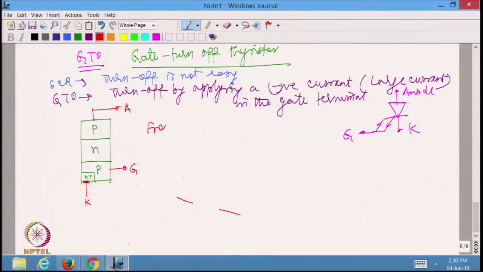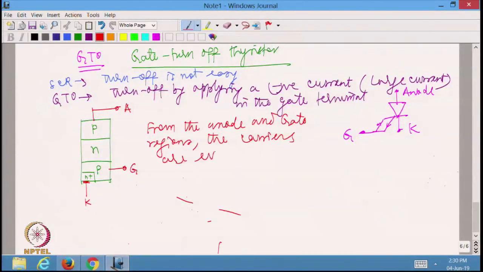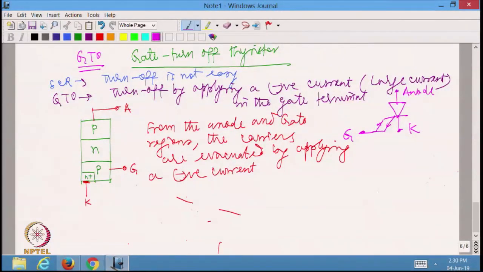So, from the anode and gate regions, the charge carriers are evacuated by applying a negative current.